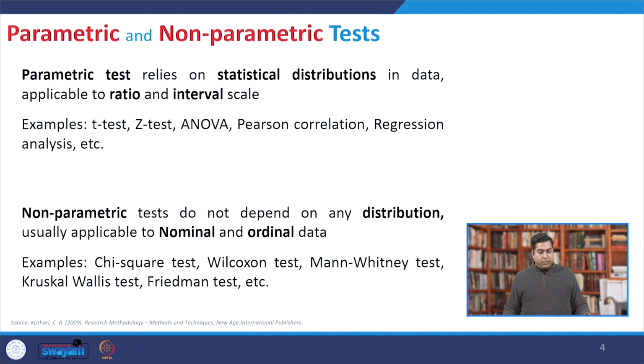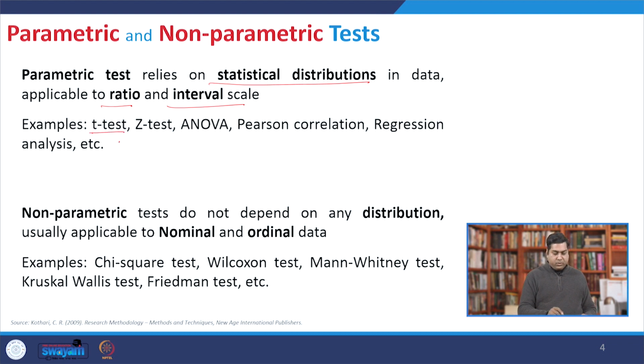Now, parametric and non-parametric tests. A parametric test relies on statistical distribution in data, applicable to ratio and interval scale data. So, your data will have a particular distribution. In the previous class we discussed normal distribution, so the data are distributed normally, with a mean and standard deviation, and in such a case only ratio and interval scale data can be taken into consideration.